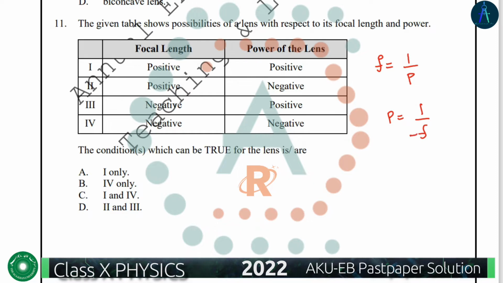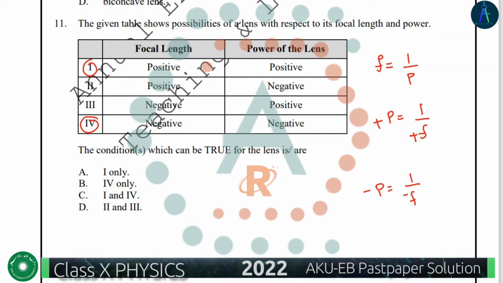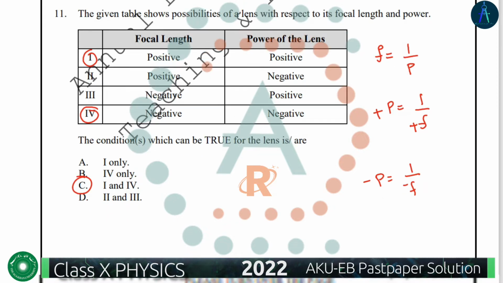So if the focal length is positive, the power will be positive, and if the focal length is negative, the power is negative. So condition 1 and condition 4 hold true for this relation between focal length and power. So in this way, option C is the right answer.